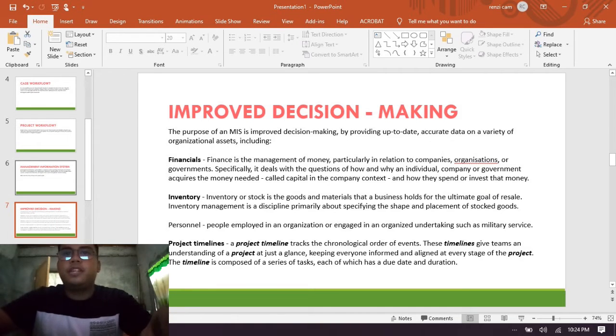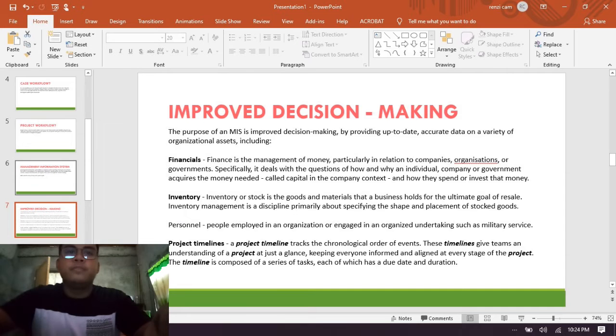Finance is the management of money, particularly in relation to companies, organizations, or government. Number two, inventory. Inventory or stock is the goods and materials that a business holds for the ultimate goal of resale.